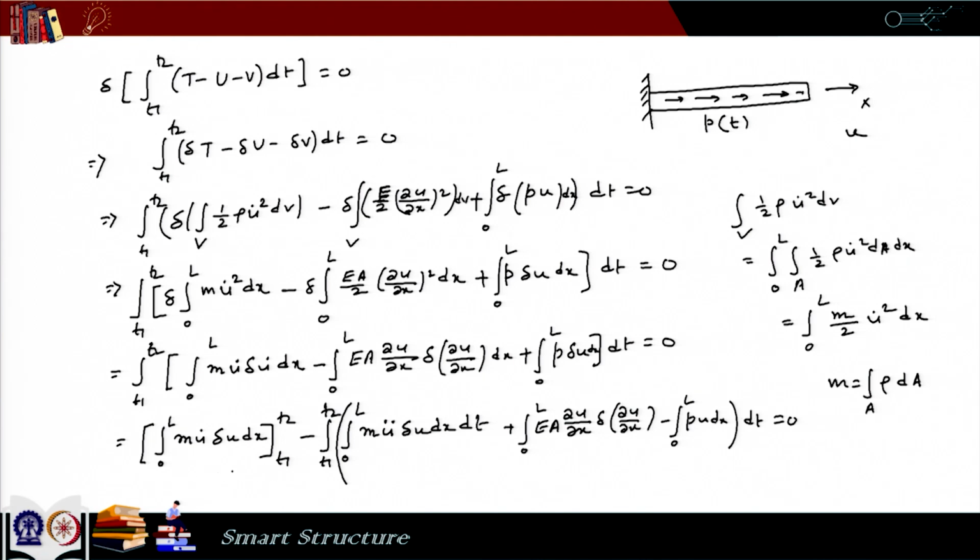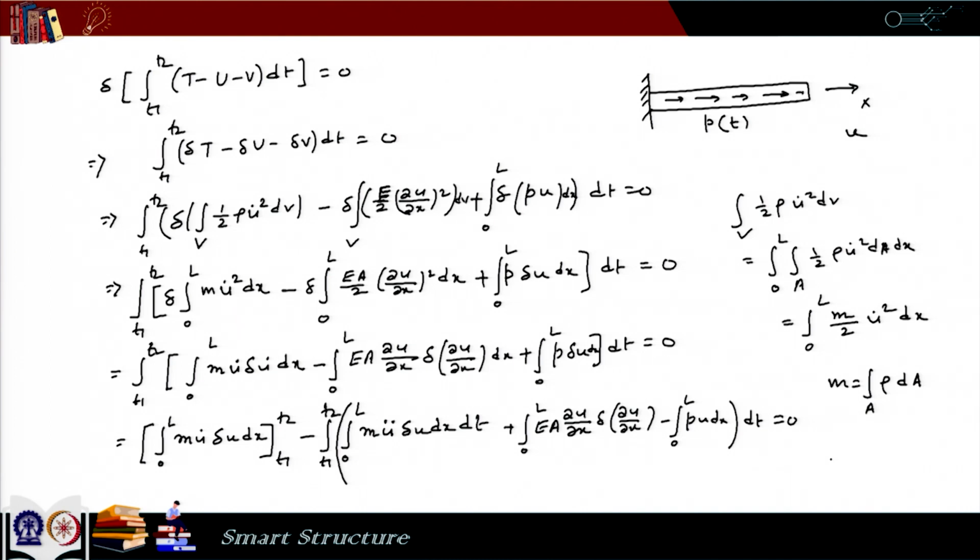Now, if I compare these two terms, we can see that this term is defined only at T1 and T2. So, the value of this term depends only on the values at times T1 and T2, whereas this term is an integral.